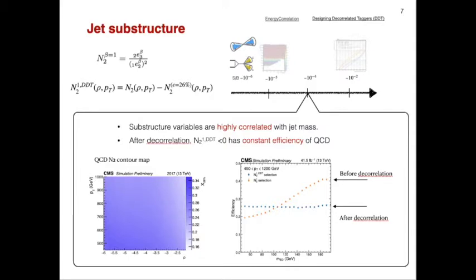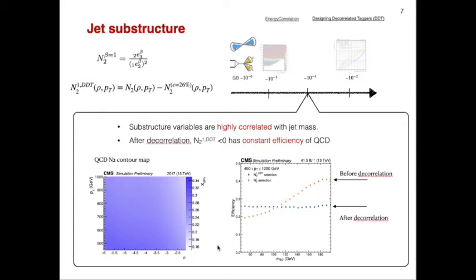We're using the N2 variable, which is the ratio of the 3-point to 2-point energy correlation functions within the groomed jets. Jet substructure variables are, however, in general, highly correlated with jet mass. So a cut on N2 could reduce the QCD background, but also significantly sculpt the mass spectrum like so.